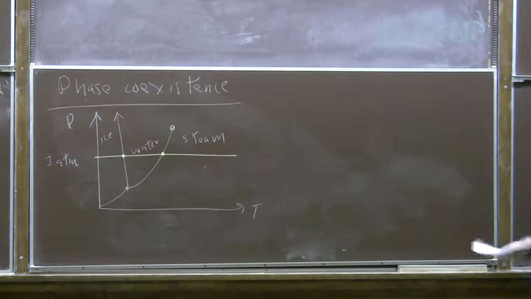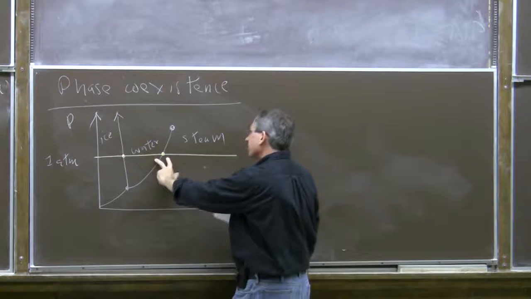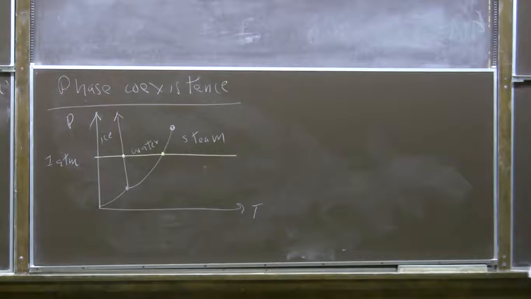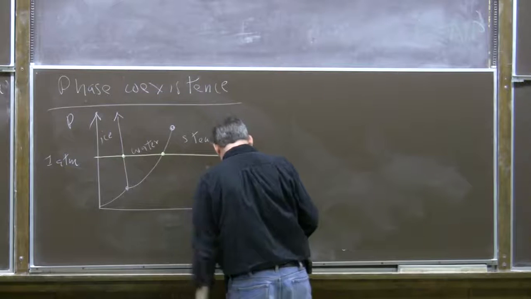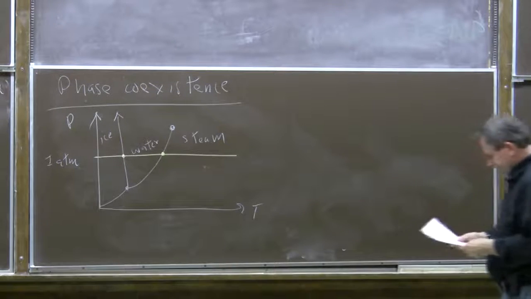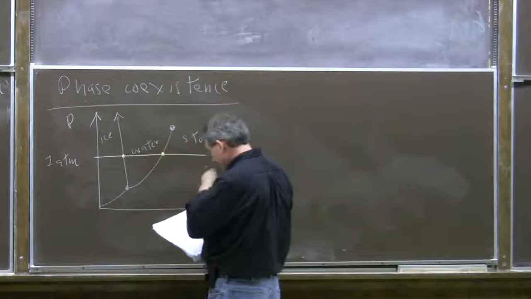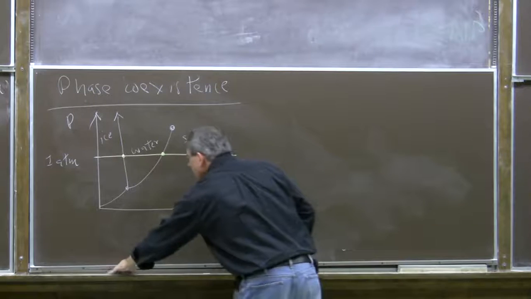And similarly, at 100 degrees Celsius, we can have water and steam in stable equilibrium with one another at 1 atmosphere pressure.